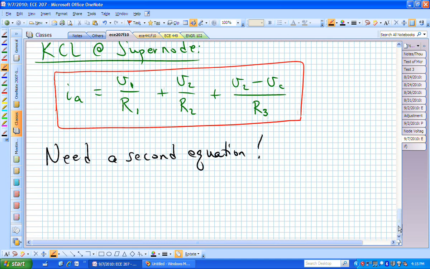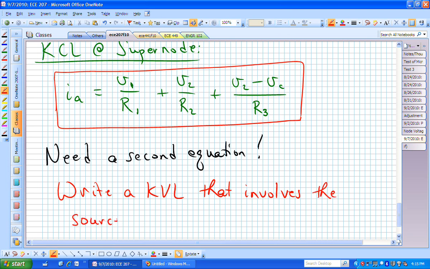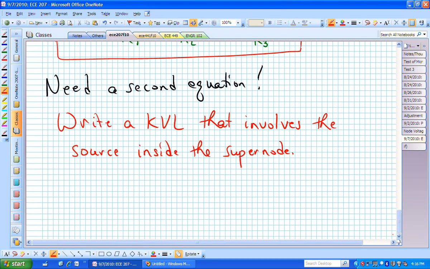What I'm going to do, or what I just said I would do, is I'm going to now write a KVL equation that involves the source inside the supernode.